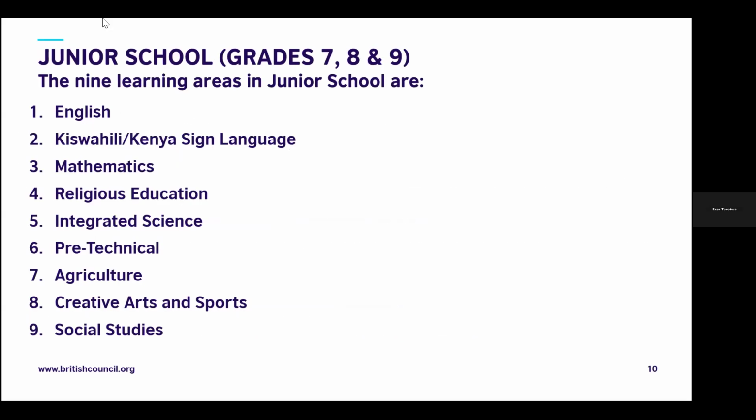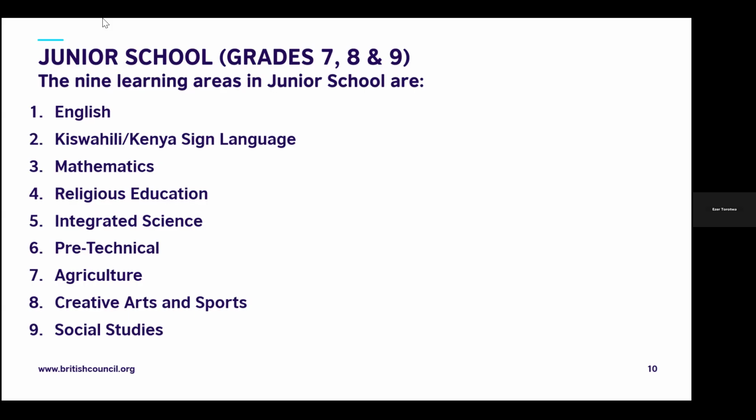Now, in a CBE classroom, we have a lot mentioned from PP1 to primary. I'll just pick up from junior school and senior school. In junior school, there are 9 learning areas, and junior school comprises grade 7, grade 8, and grade 9.